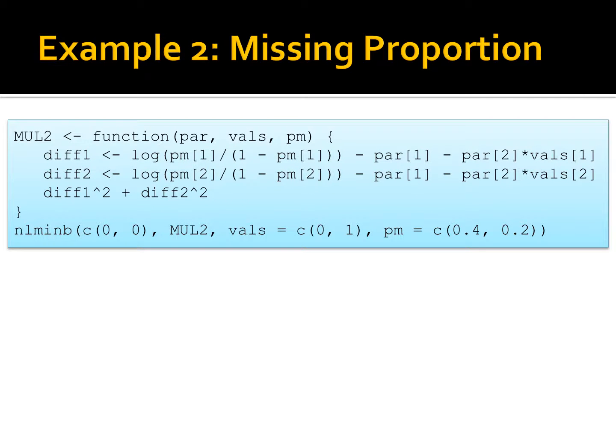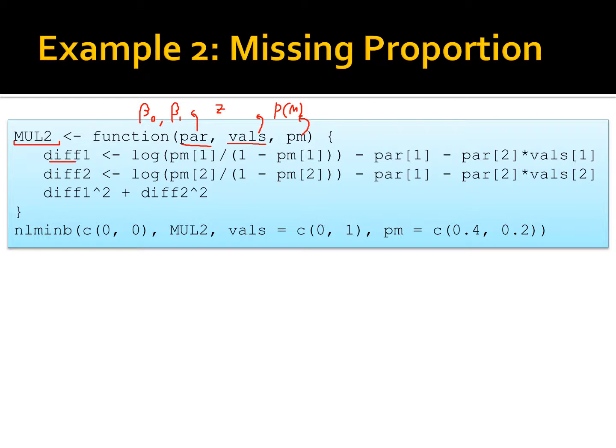The function I call mul2, and I have two parameters. The first element is beta 0 and the second element is beta 1. z is the value of z, and pm is the proportion of missing.